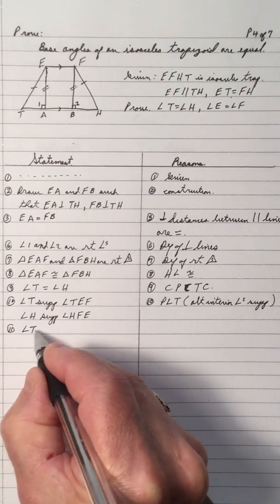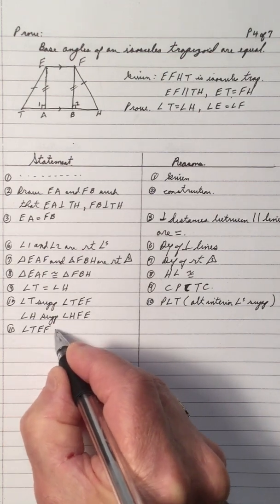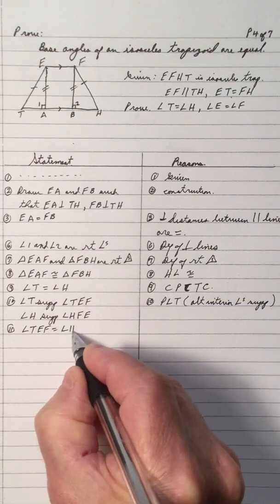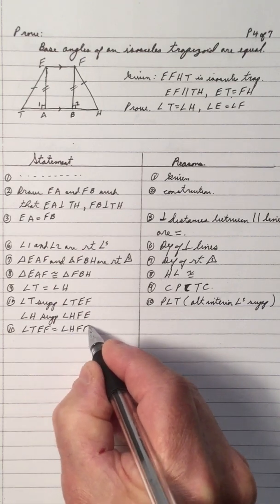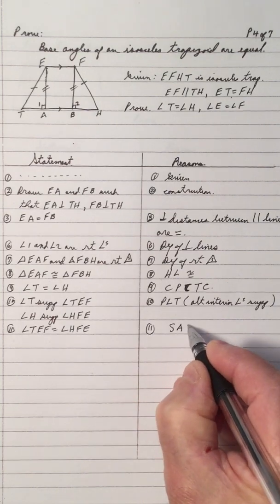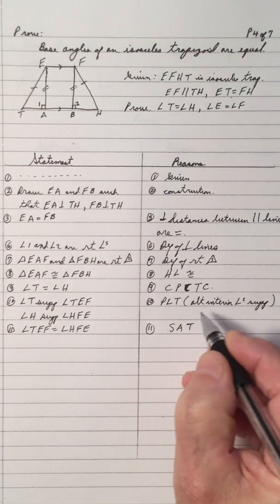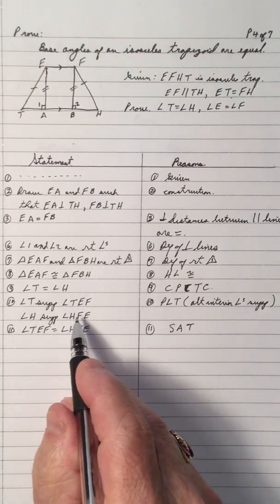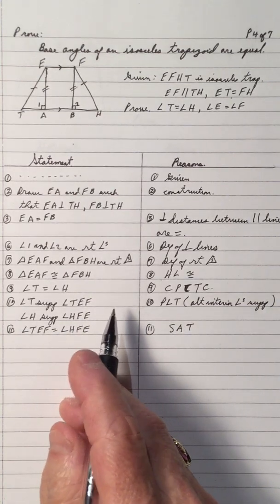That means that angle TEF is equal to angle HFE by the supplement angle theorem. Supplements of congruent angles are congruent. We did that in the proof on congruent triangles.